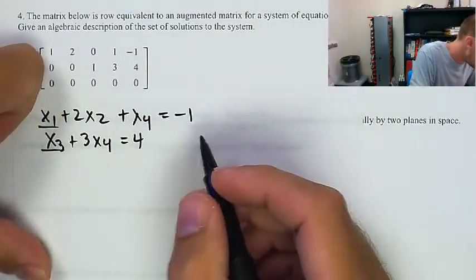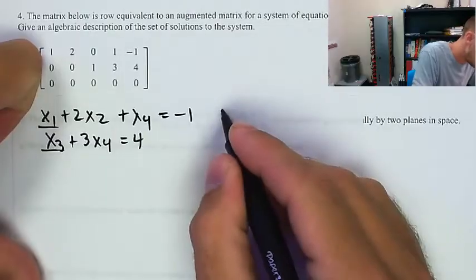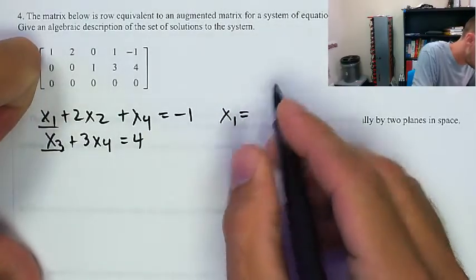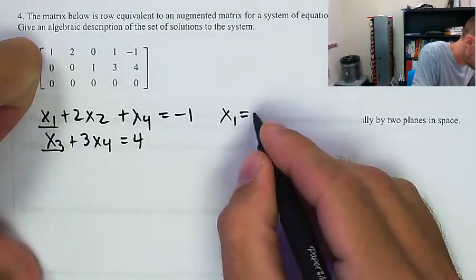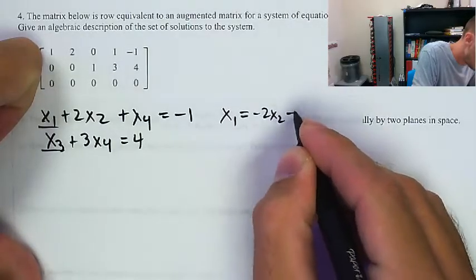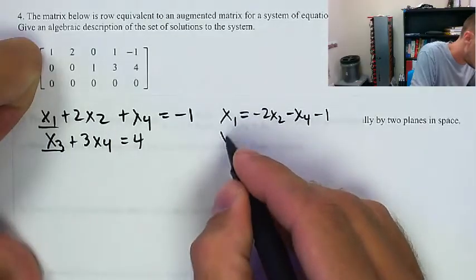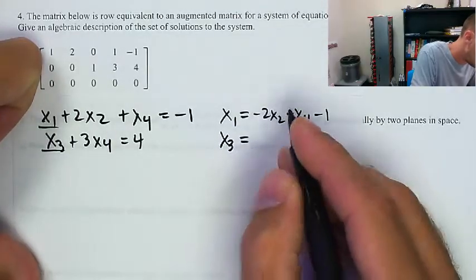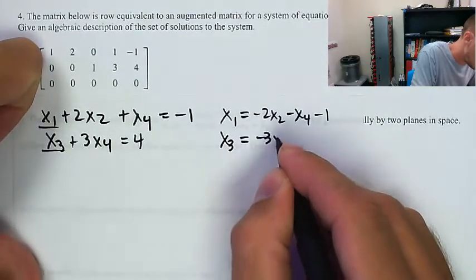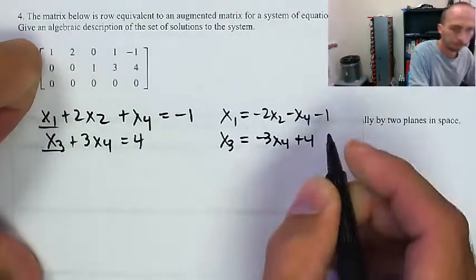Okay, and so what am I going to do? I'm going to just say that gives me x1 equals negative 2x2 minus x4 minus 1. Okay, and x3 equals negative 3x4 plus 4.